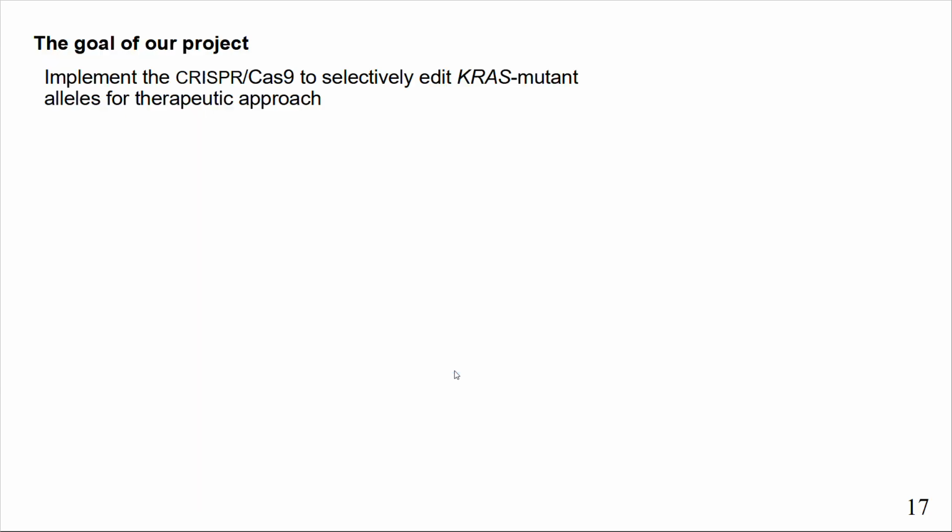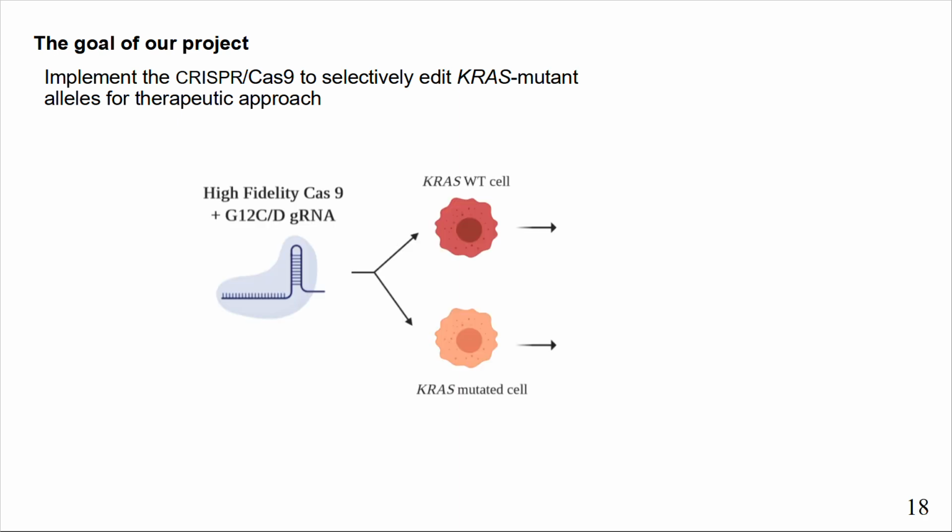The goal of our group is to implement the CRISPR-Cas9 system in order to selectively target KRAS mutant alleles and develop a new therapeutic approach. For this reason, we combine the CRISPR components. In this case, we use an enhanced version of Cas9, which has a reduced off-target activity, and we mix this Cas9 with the guide RNAs targeting the mutations.